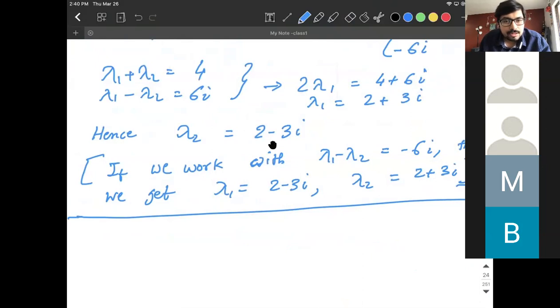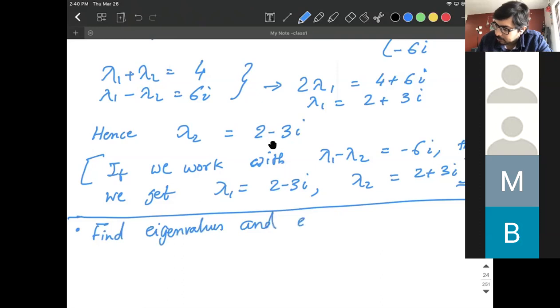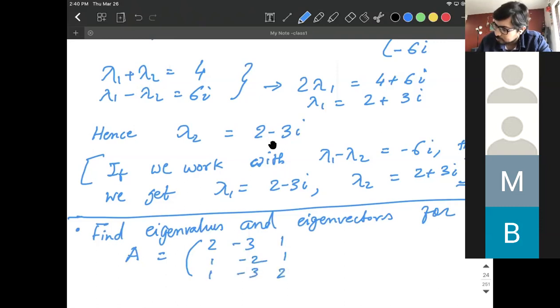So if you look at the notes, the next problem is again pretty elementary in nature. Find eigenvalues and eigenvectors for this matrix: 2, minus 3, 1, then 1, minus 2, 1, and 1, minus 3, 2.